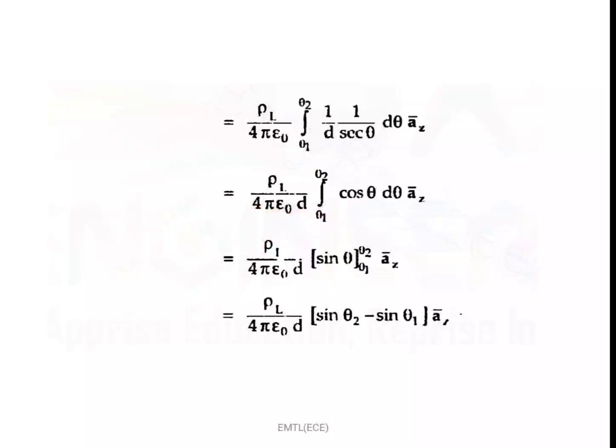So that is rho L by 4 pi epsilon naught d, and 1 by secant theta is equal to cos theta. Now the integration of cos theta is sin theta, and by applying the limits theta 1 to theta 2, finally the expression for electric field intensity is rho L by 4 pi epsilon naught d, sin theta 2 minus sin theta 1, aZ bar.